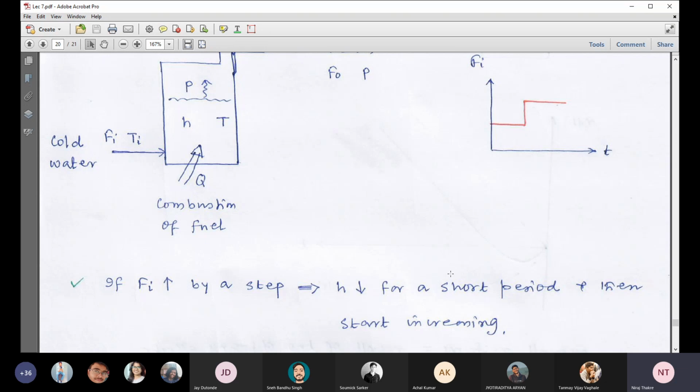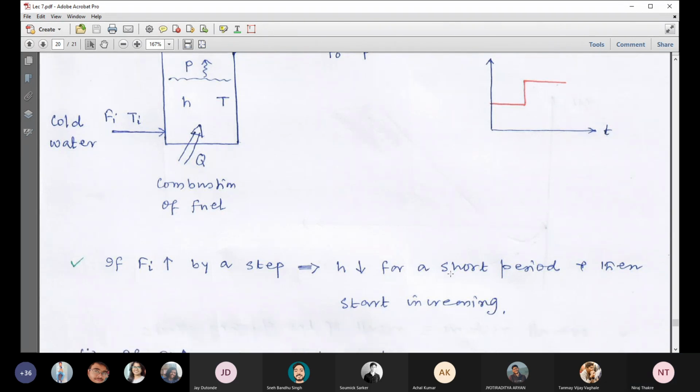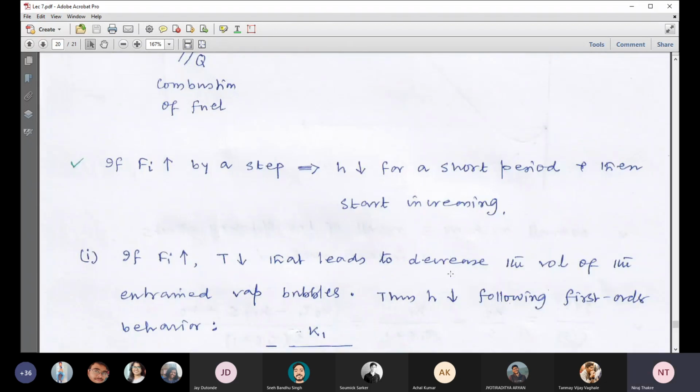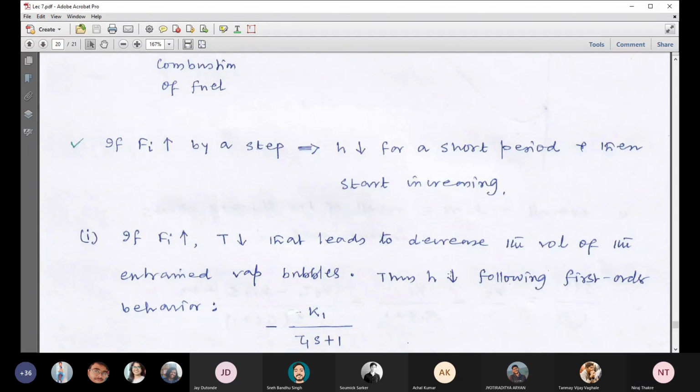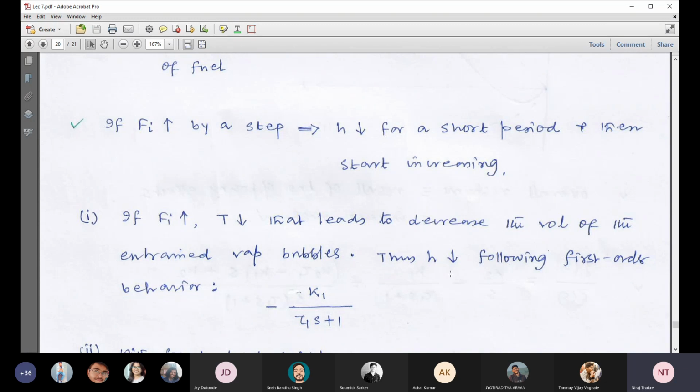If we increase the inflow rate of water, that's a step increase. Initially, the height decreases for a short period of time, and then the height again starts increasing consistently. Now, the question is how it happens. So this is the first thing: for a short period of time, how is height getting decreased.